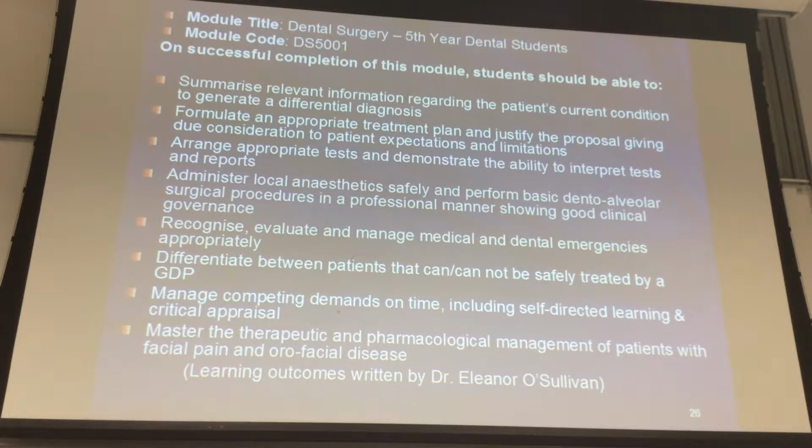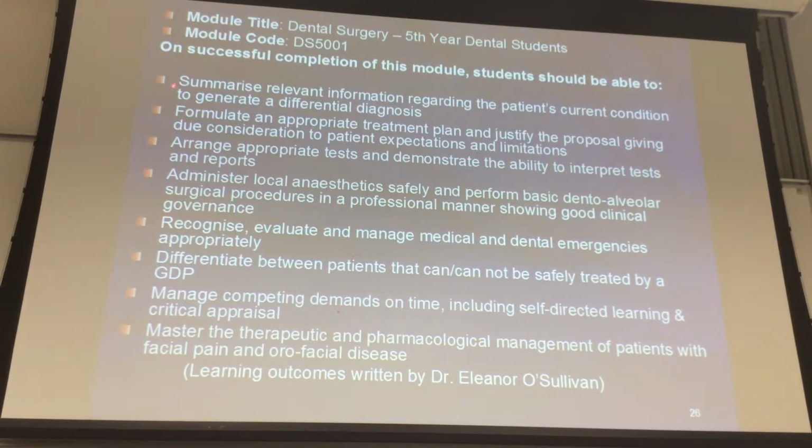Now we put that in way back in 2006 as a prompt to our professors that they must use active verbs there at the beginning. And this was written by Eleanor O'Sullivan. She was doing our course, our Masters in Teaching and Learning.